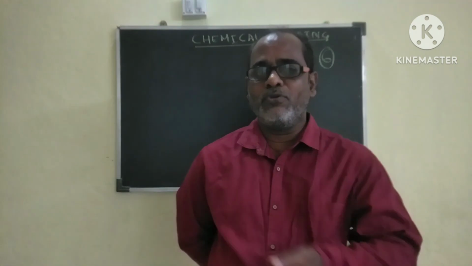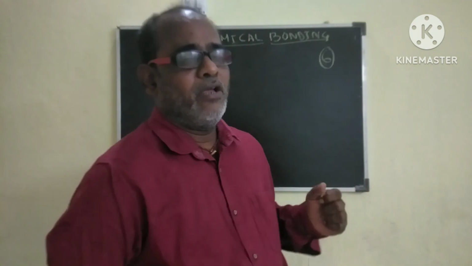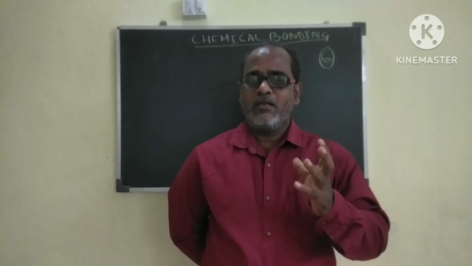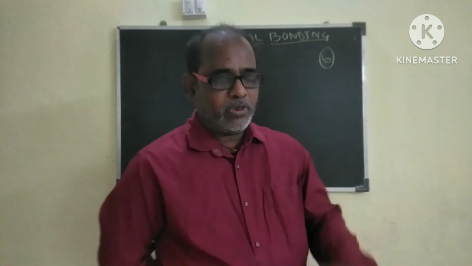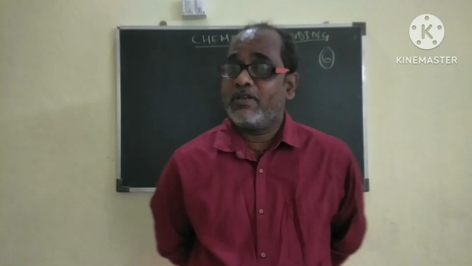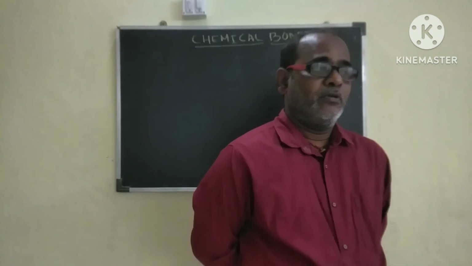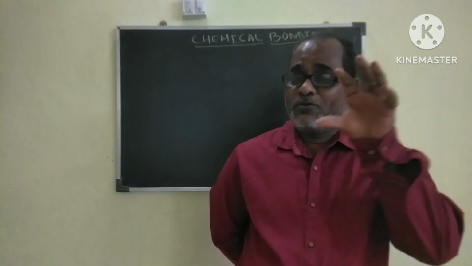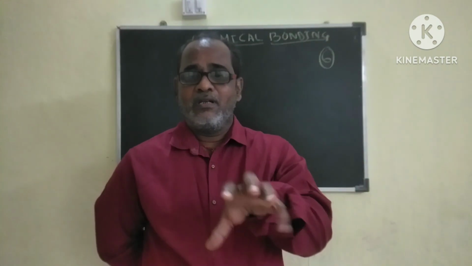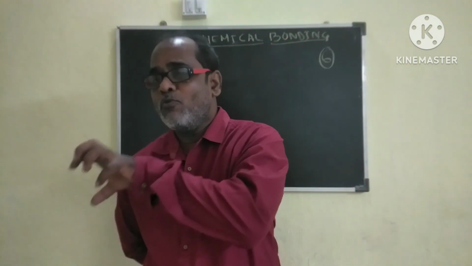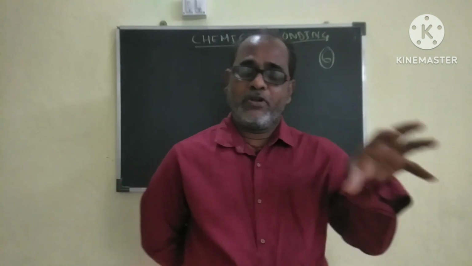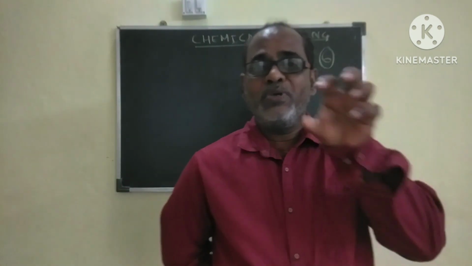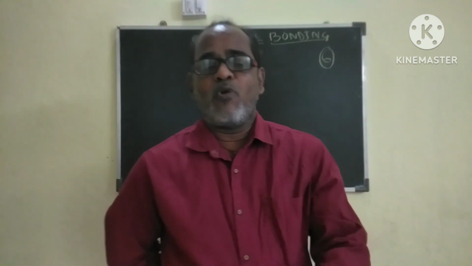We have to know these concepts which we already learned in earlier classes. Now we know that elements have a tendency to attain their nearest noble gas electron configuration. That means to be stable, they always want to either lose electrons or gain electrons.